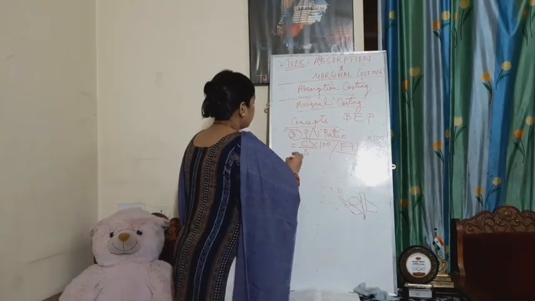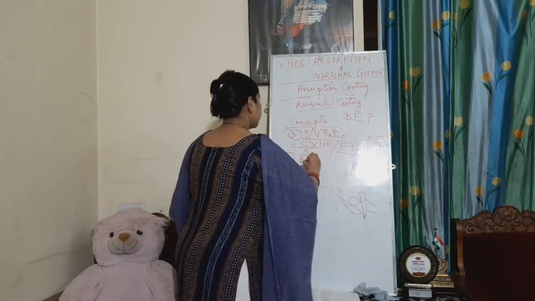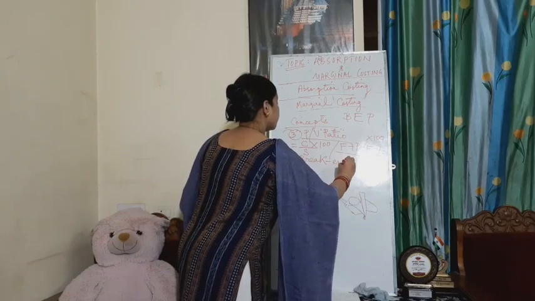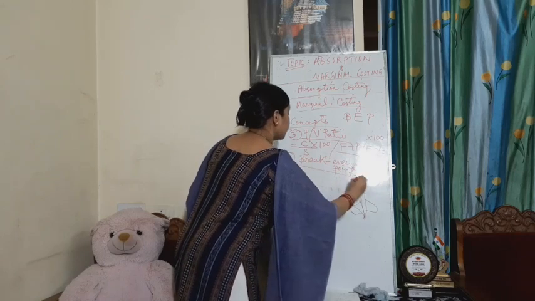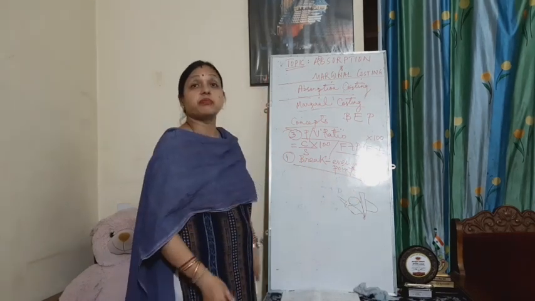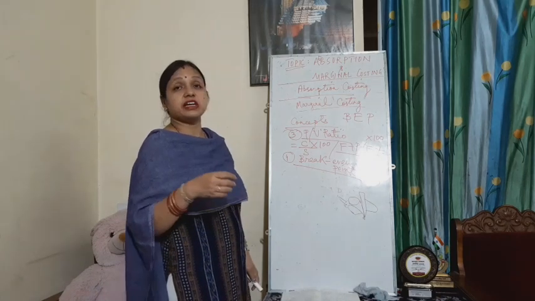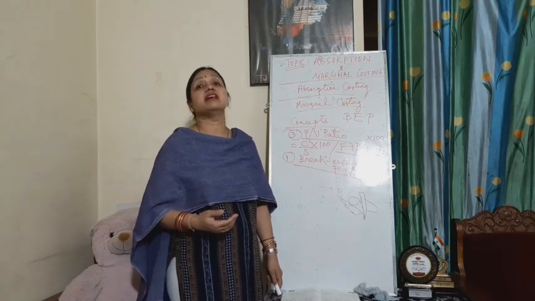Now, another important concept in marginal costing is break even point. As the name suggests, it means the point at which we are breaking even. It means the business is neither earning profits nor incurring losses.